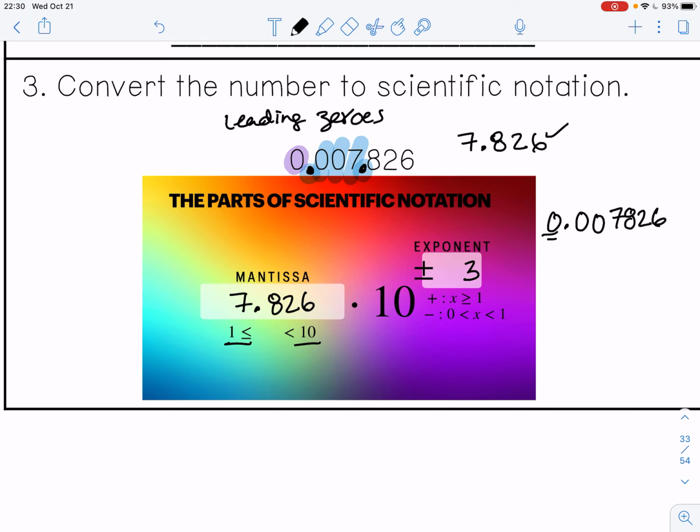So this number here is 0, which means that it is somewhere between 1 and 0. Okay, so it is a small number. So if we have a number that is between 0 and 1, then our exponent will be negative. So our final answer here should be 7.826 times 10 to the negative 3 power.